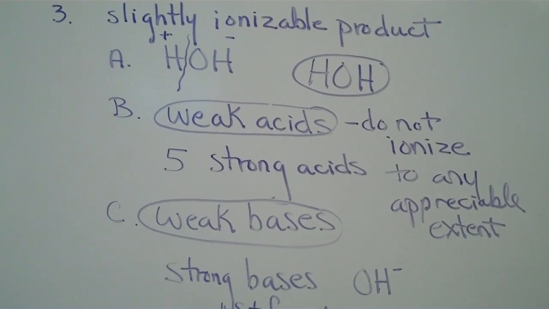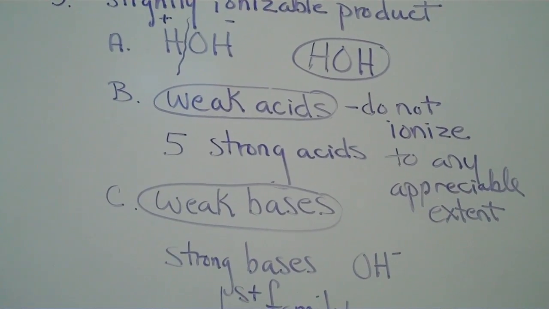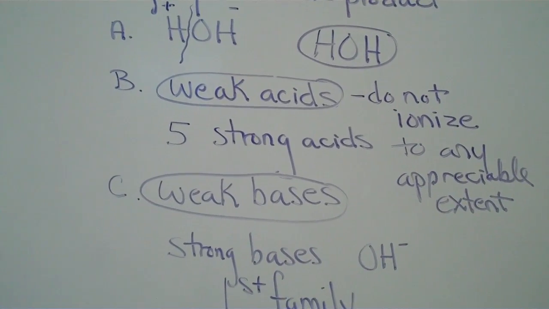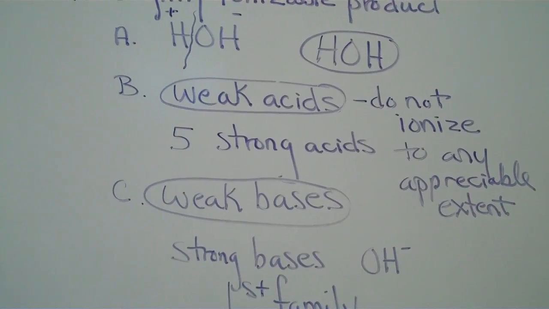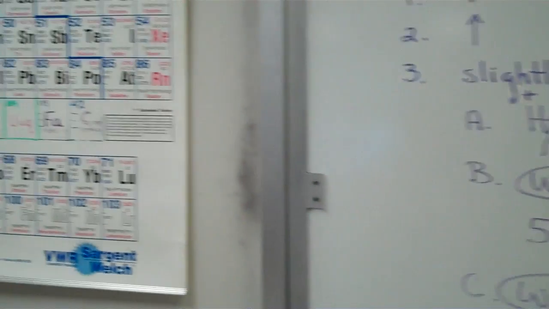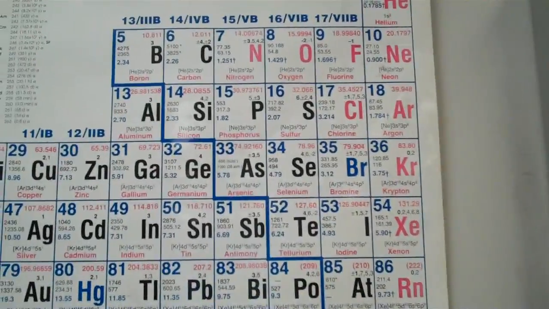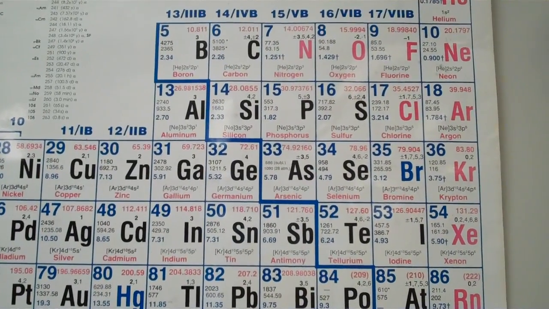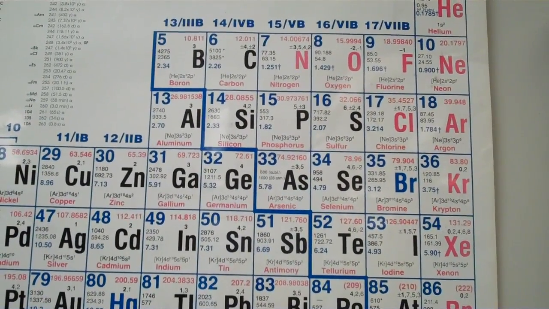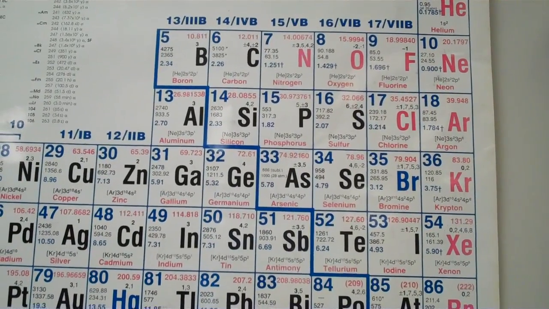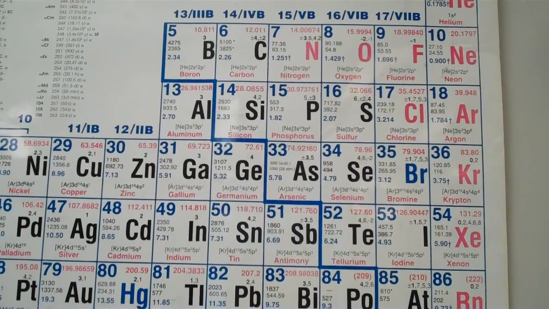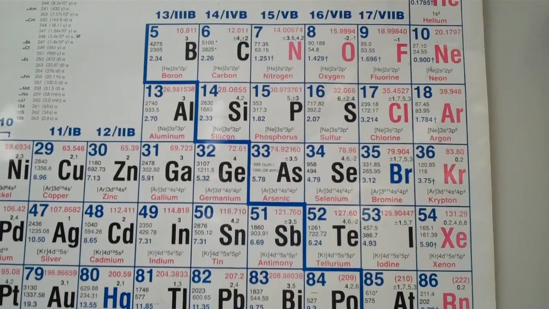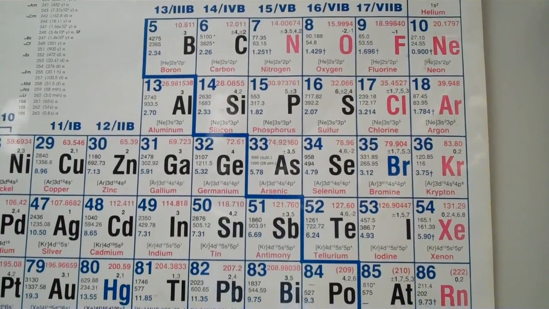I'm not saying they don't ionize at all, but very, very few. You should know your 5 strong acids. The 5 strong acids on the periodic table have a pattern: HI, HBr, HCl, H2SO4, HNO3. Make sure you see these when you look at your periodic table.